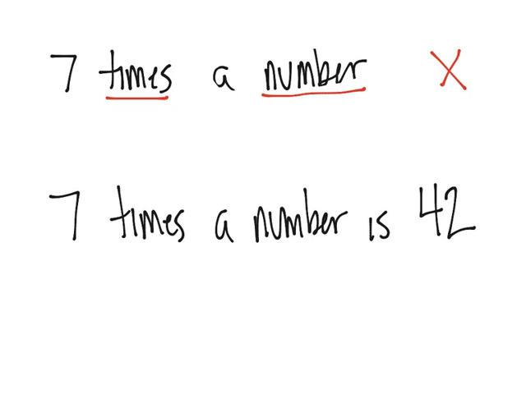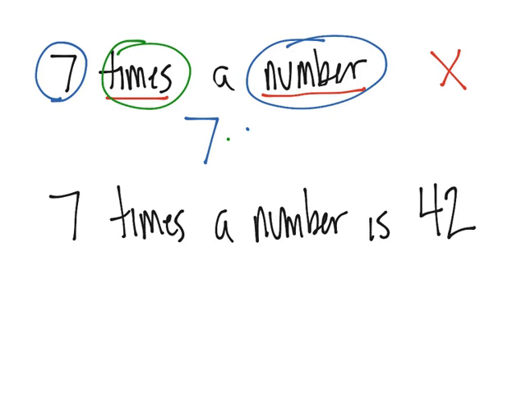So in this case, 7 times, this will be our multiplication symbol, a number, in this case we're going to use x, gives us 7x. One of the things you'll notice is that I used a dot for our multiplication symbol. Just remember, from here on out in math, we never want to use the x multiplication symbol because it's too easily confused with a variable.